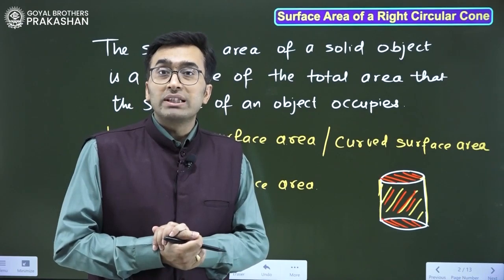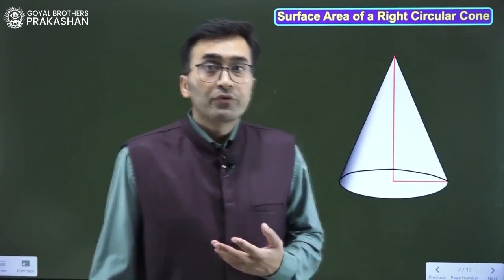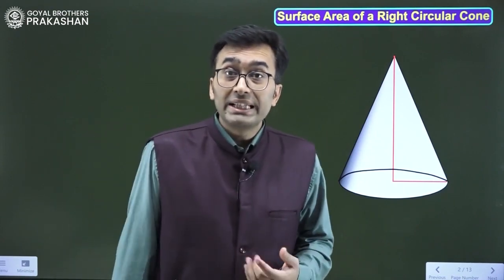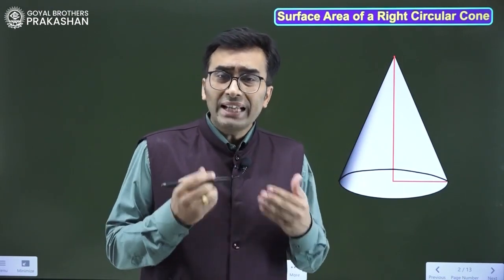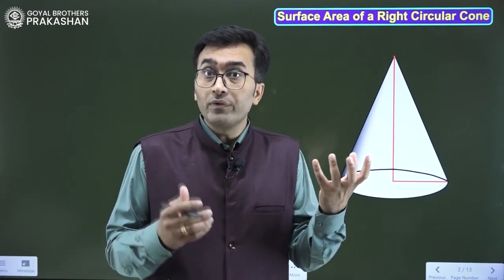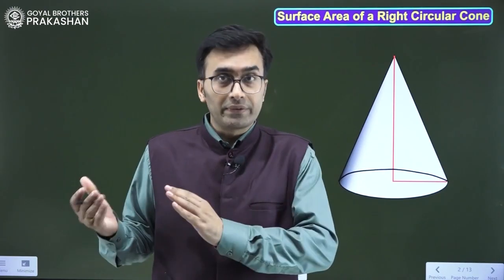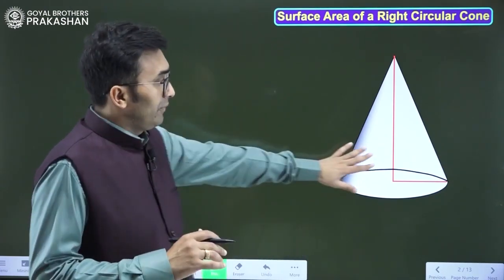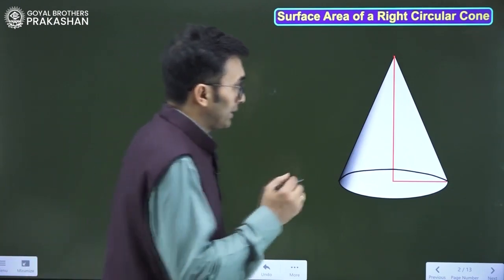Now we are going to discuss the cone. We have to find the surface area of the cone. Cone is a 3D shape, so it has two types of surface area. One is the curved surface area, or lateral surface area, and the other is the total surface area. Now see, in this figure of the cone, we need to understand two things here.